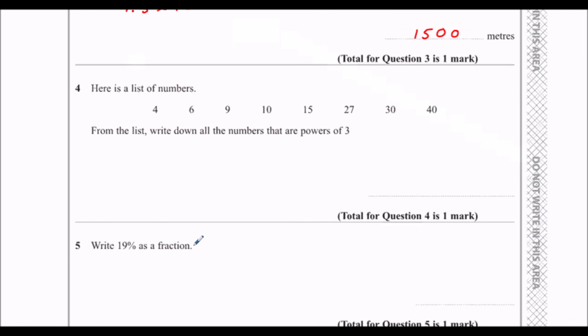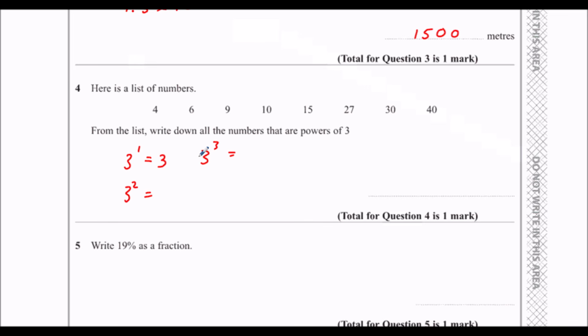Question 4, here is a list of numbers. From the list, write down all the numbers that are powers of 3. So that's 3 to the power of 1, or 3 to the power of 2, or 3 cubed, and so on. 3 to the power of 1, we've got a calculator, so we can check.